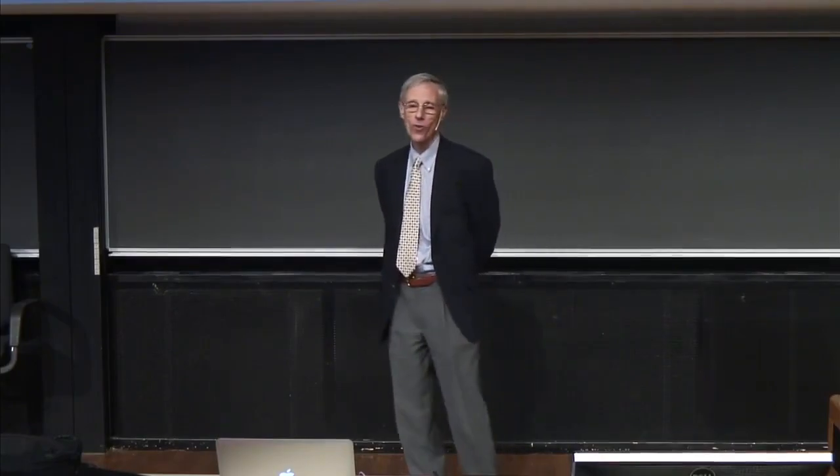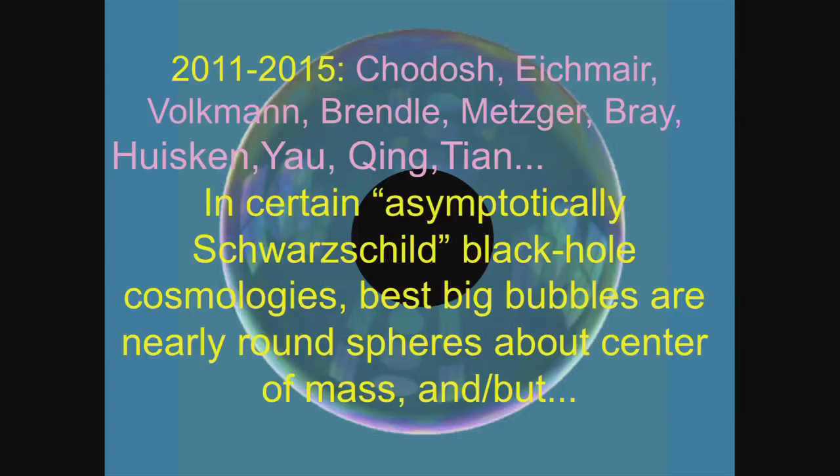There's been a lot of work for the past several years trying to understand the universe, and the key ingredient is what large soap bubbles would look like. The conjecture is that in many cases, large soap bubbles will be nearly round, even if the universe has a black hole and other distortions. And that's been proved in certain cases with certain qualifications.